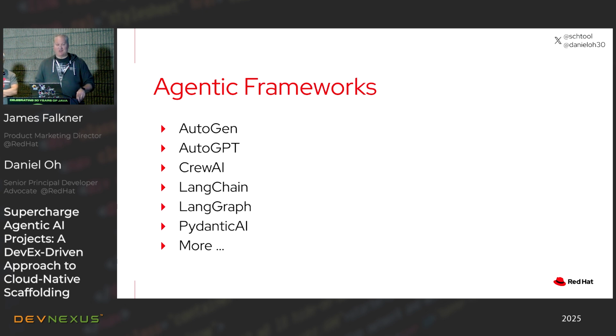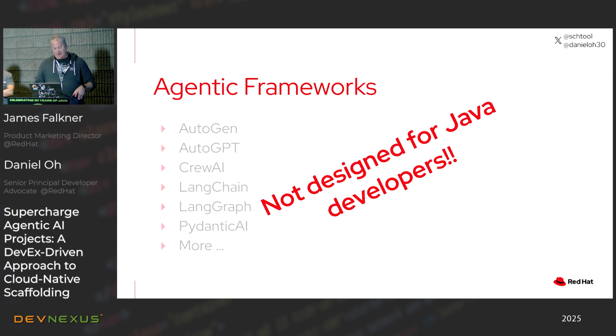There are lots of frameworks. I know we heard .NET. That's probably the first time I've heard about .NET for AI applications, which is fantastic. We have the ones listed here, and you've probably heard of some of these, if not all of them. There's probably more that we're missing here. In fact, I know there's more we're missing, and there's more each and every day. The challenge is those were not designed for Java developers.